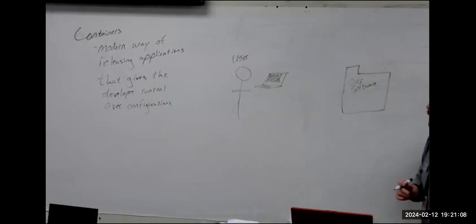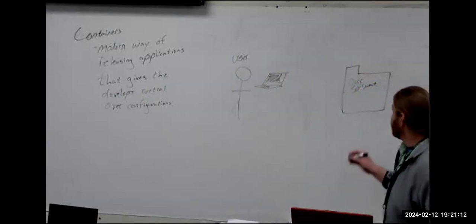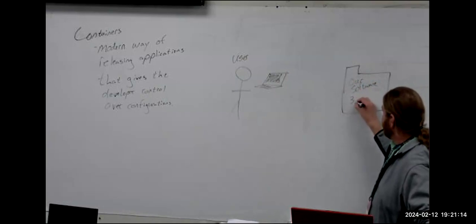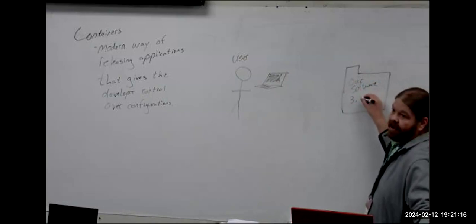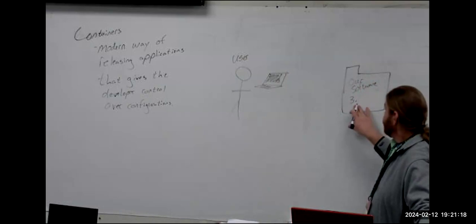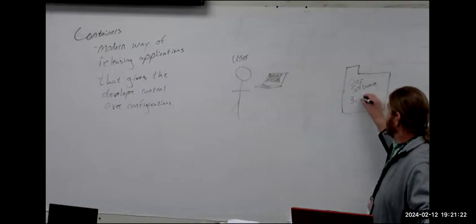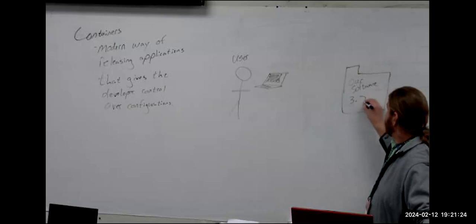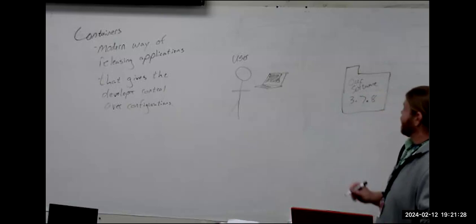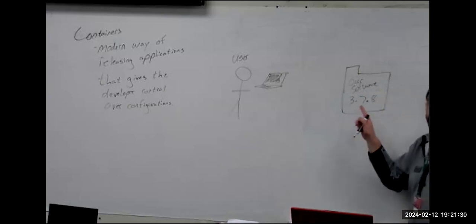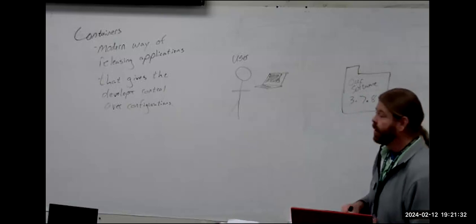And traditionally, we would put a version number on it. I'm just going to make something up here. So maybe we're up to version 3, release 7, patch number 8. Right? It's the third major overhaul of our software.